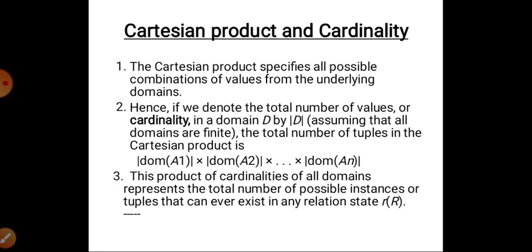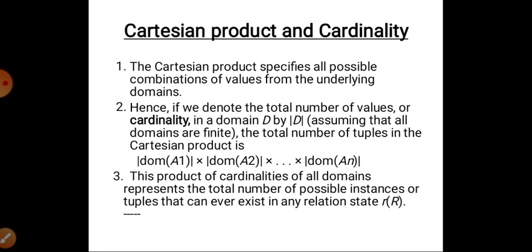Cartesian product and cardinality. The Cartesian product specifies all possible combinations of values from the underlying domains. Point number 2. Hence, if we denote the total number of values, or cardinality, in a domain D by magnitude of D, assuming that all domains are finite, the total number of tuples in the Cartesian product is |dom A of 1| x |dom A of 2| x |dom A of n|.